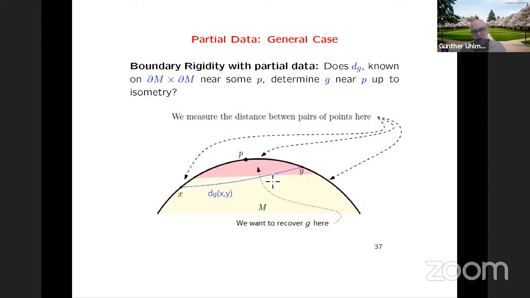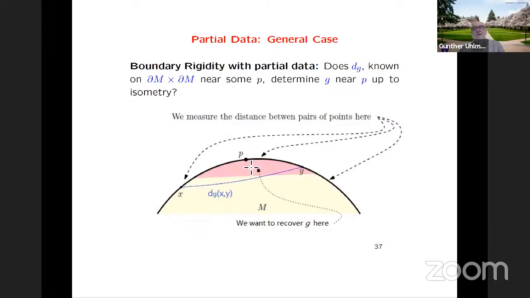Locally, there's no problem to consider the distance function. So suppose we know the distance function on an open subset of the boundary near the point P. Can we recover the metric up to, again, the change of variables, which is the identity where you're measuring near P?